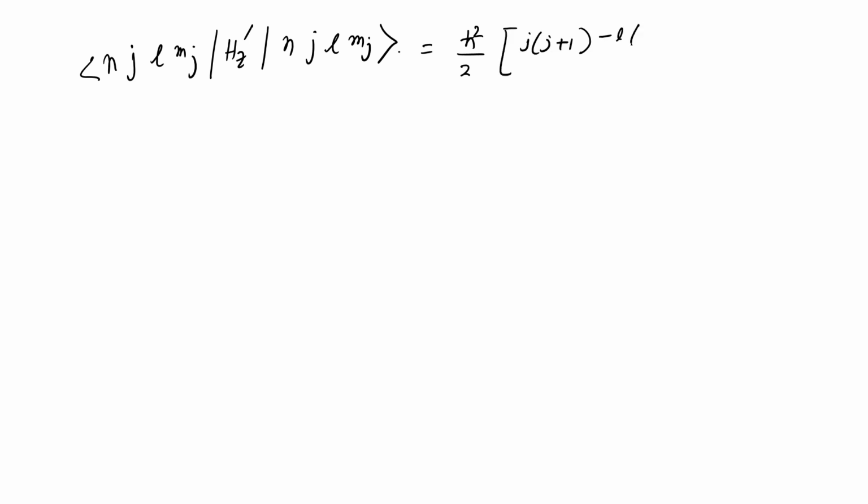So we have N J L M J, H2 prime, N J L M J. This is equal to what we have found out, that it is j into j plus 1 minus L into L plus 1 minus S into S plus 1, and then it is taken with f of r, and N L, remember these are the Laguerre polynomials which are given as R N L of r.